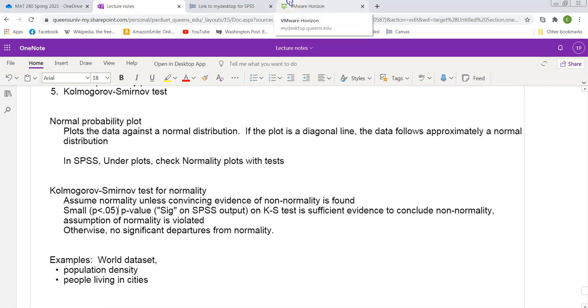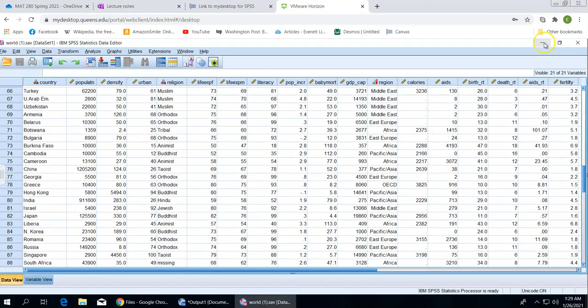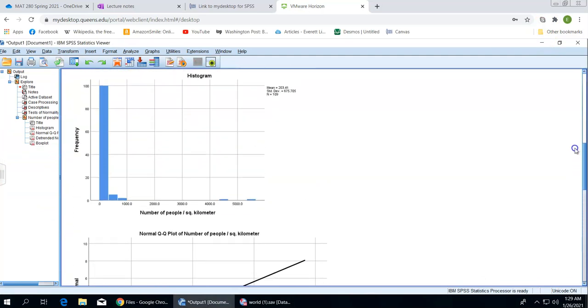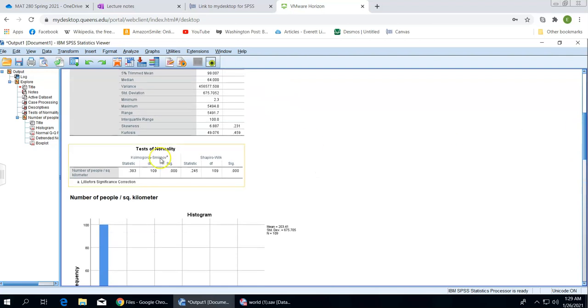All right, now this is on the same output that we just generated. We passed right by it on the way to the normal probability plot. These are the tests for normality. Here's the Kolmogorov-Smirnov. Here's another one, the Shapiro-Wilk. They don't always show the same results, but it is what it is. What we're looking for in this output is the sig.